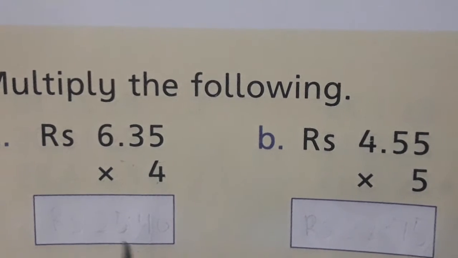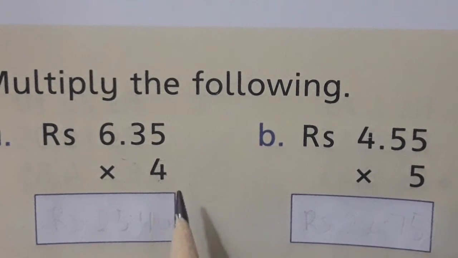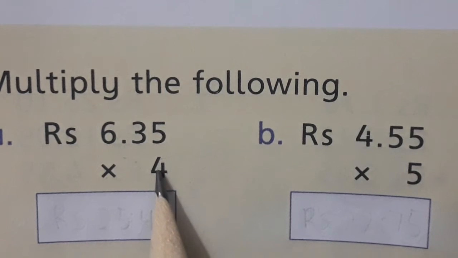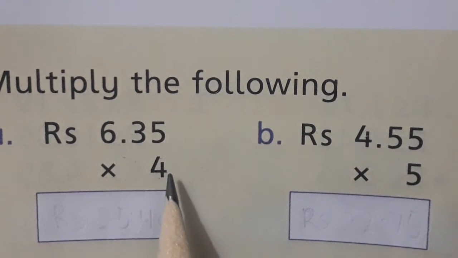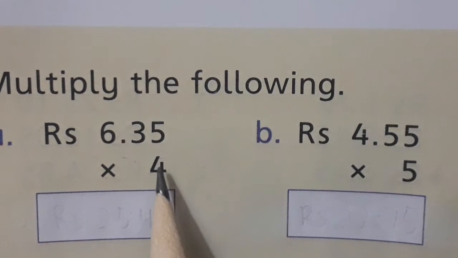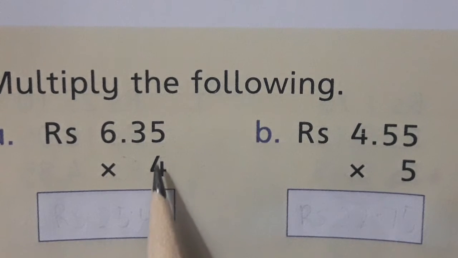Okay students, now let's start to multiply. As you know, this is 4 and we have to read the table of 4. So just read the table of 4 till 5. 4 times 1 is 4, 4 times 2 is 8, 4 times 3 is 12, 4 times 4 is 16, and 4 times 5 is 20.